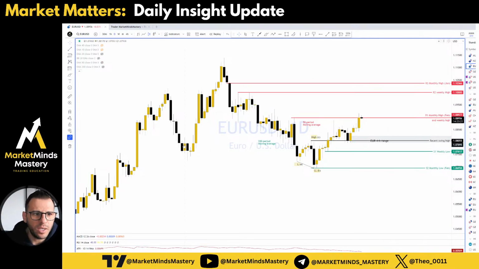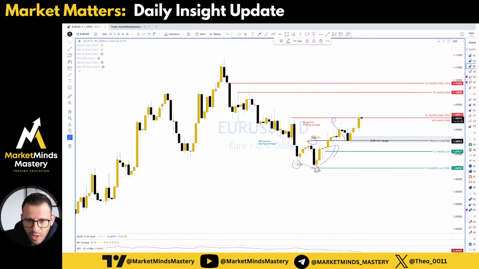Let's continue with the Euro US dollar. Euro US dollar, here it is. The price made a lower low, and on the move to the upside for a retracement, this point here has been broken by this point there.